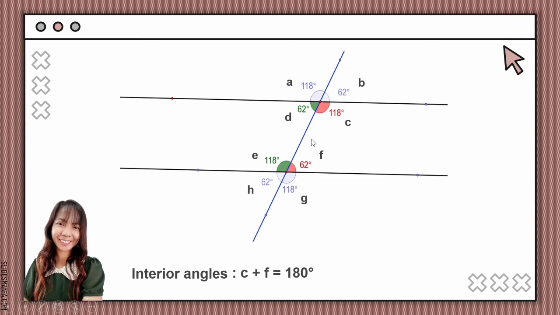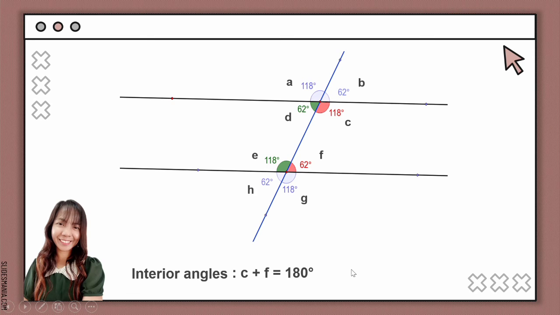When you add them, it will give you 180 degrees. In this example, angle C is 118 degrees and angle F is 62 degrees. When you add them, 118 degrees plus 62 degrees, it is equal to 180 degrees.